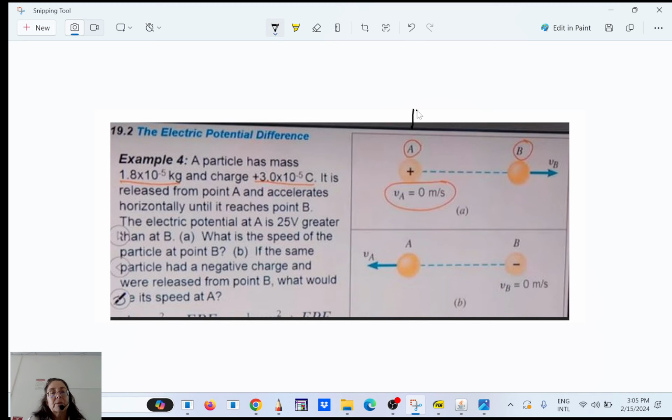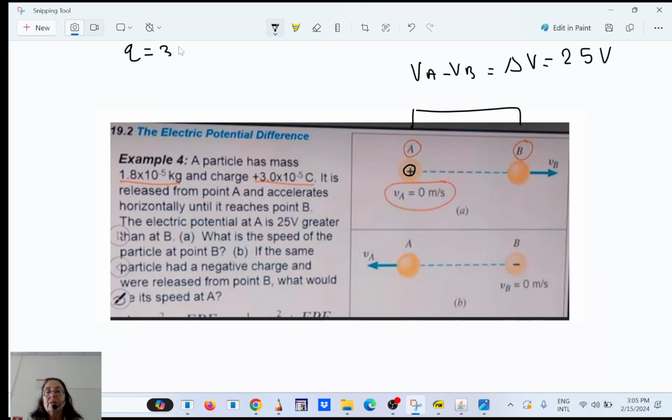So the difference between A and B, VA minus VB, will be your delta V, which is 25 volts. And here you place a charge plus Q. Q equals 3 times 10 to the negative 5 coulombs, right?